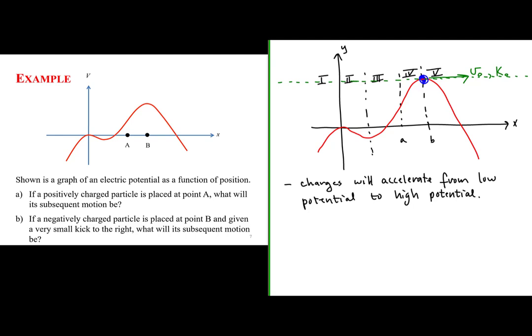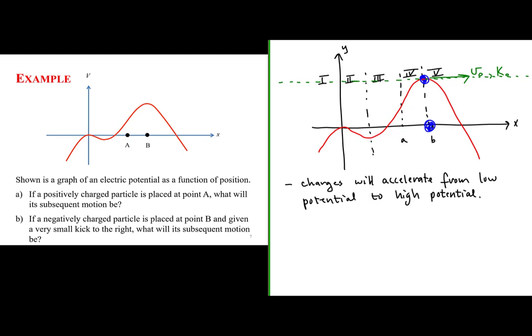So when we give that electron a kick to the right, it will start moving to the right. And even though I have the electron drawn at the top of the hill, it's really down here on the x-axis. The hill just represents the value of electric potential.